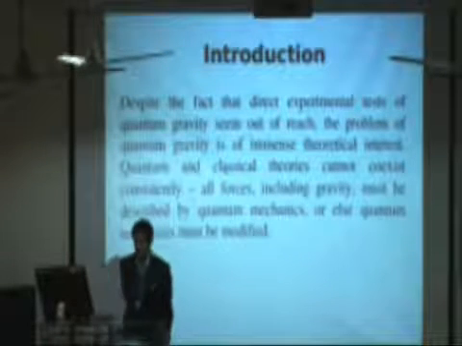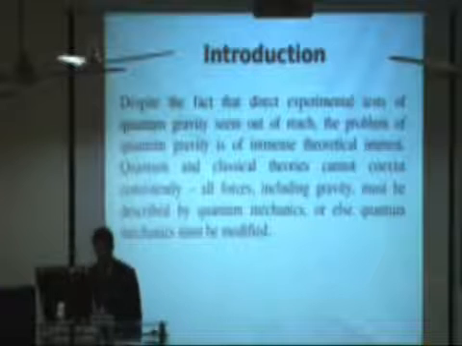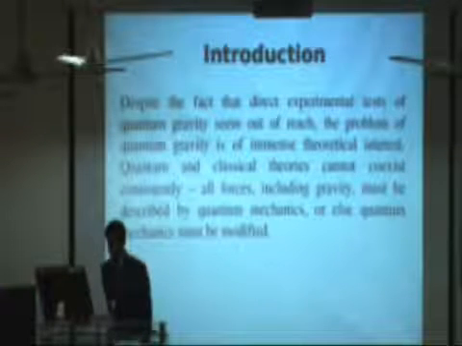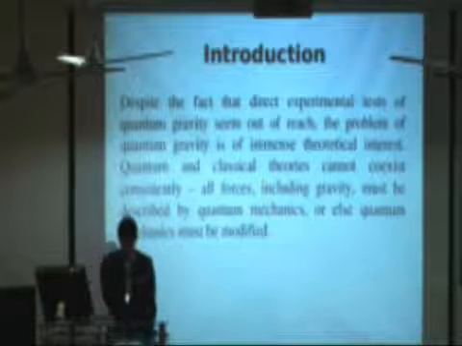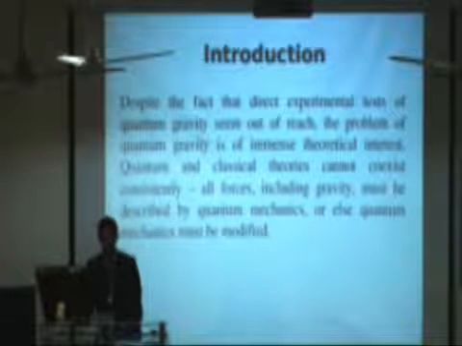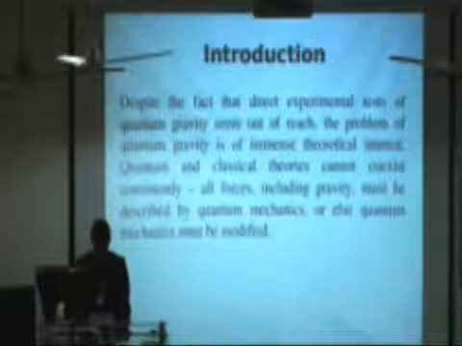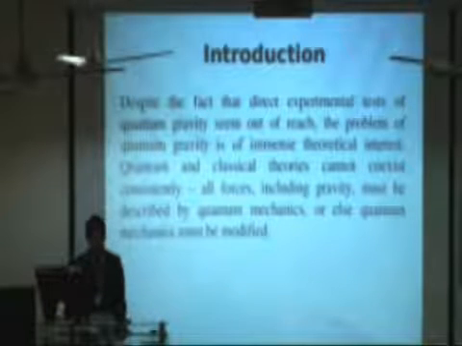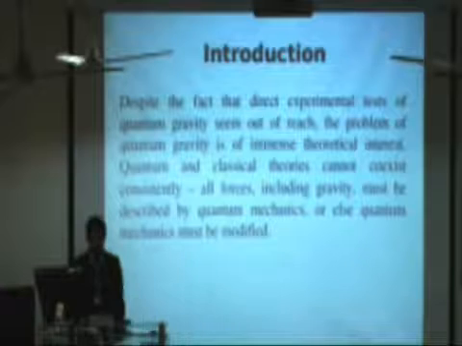And despite the fact that direct tests of any theory of quantum gravity seem out of reach, the problem of quantum gravity is one of immense theoretical interest. Quantum and classical theories cannot coexist consistently, so all forces, including gravity, must be described by quantum mechanics, or else quantum mechanics must be modified.